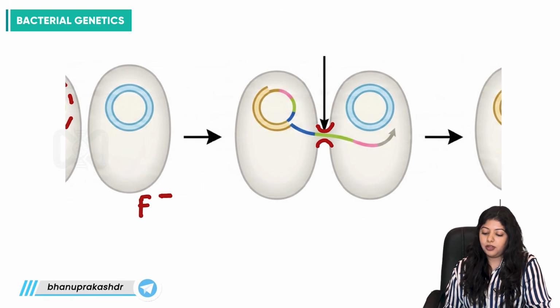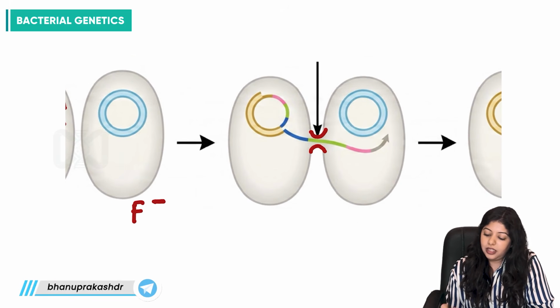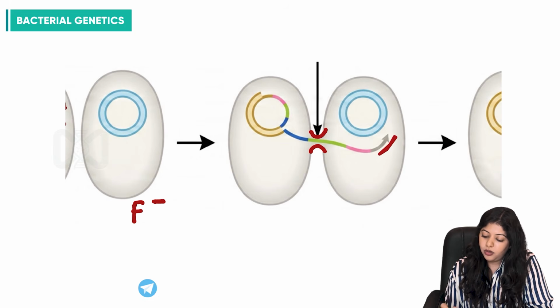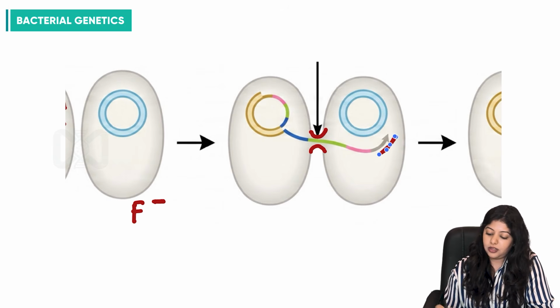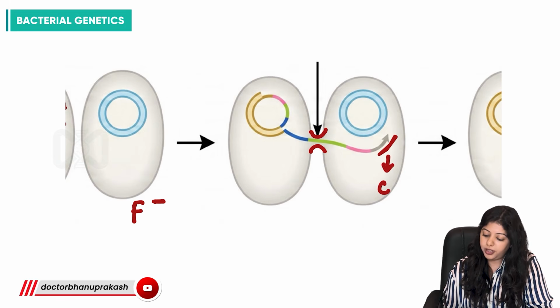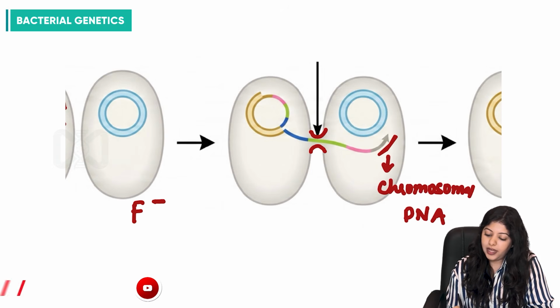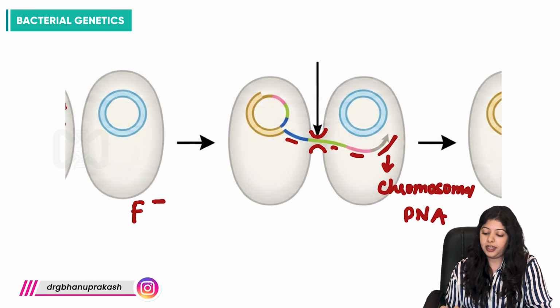So now in this particular step, take this gray part as the chromosomal DNA, and the rest of the colored part is of the F plasmid that has been integrated, right?